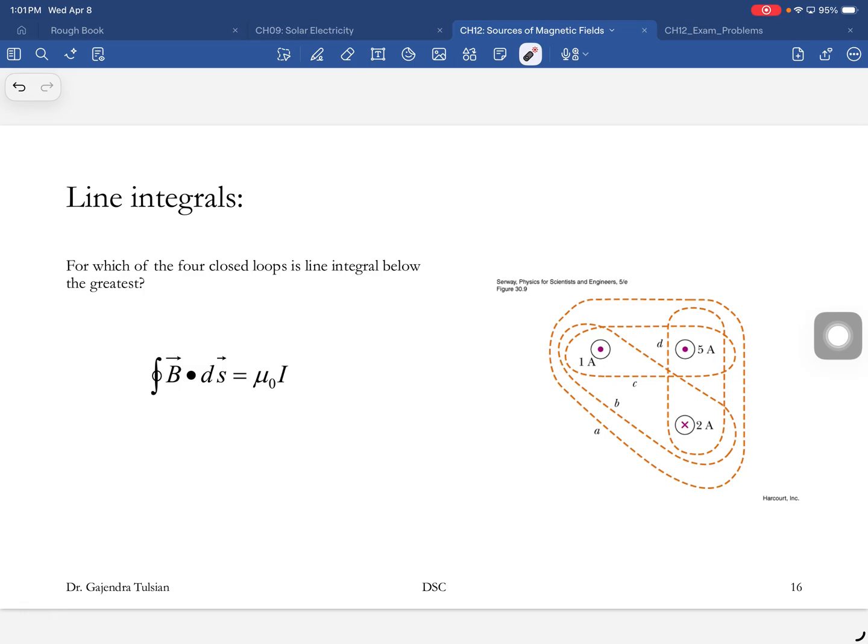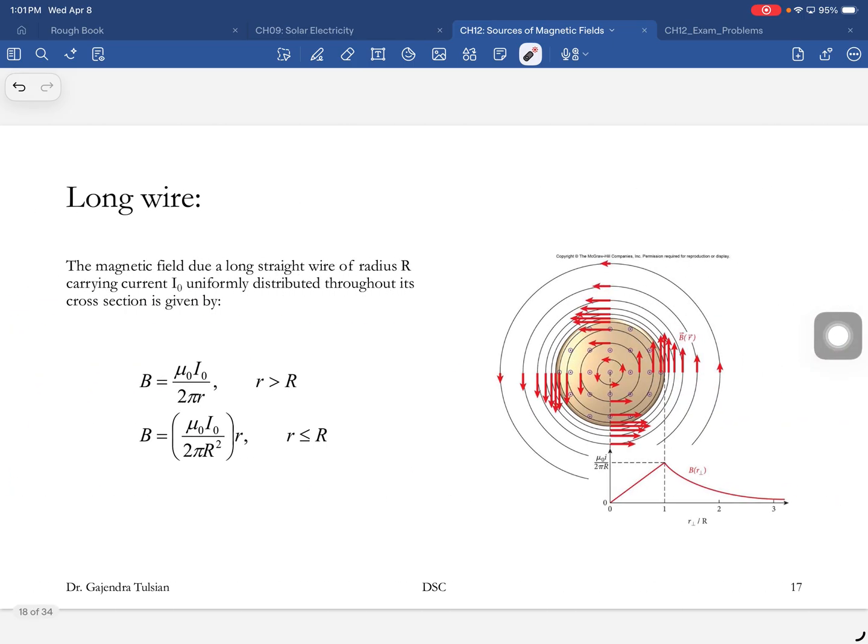Here's an example, but we won't worry about that. So let's say you have a very thick wire like this. What this is showing you is that there's a current flowing in the wire, and the dots mean the current is coming out of the sheet.